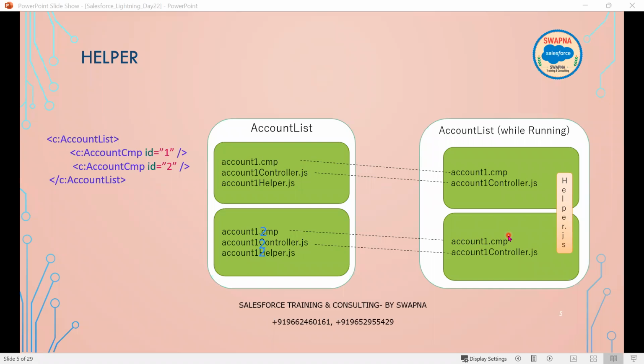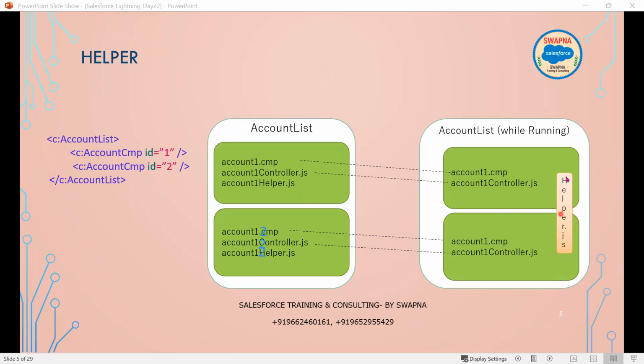So while running, the framework creates an instance of the controller, and if there is a renderer, an instance of the renderer, for each component, but it creates only one copy of the helper.